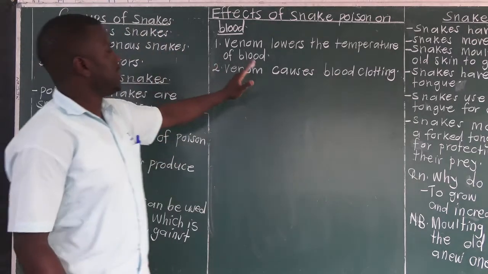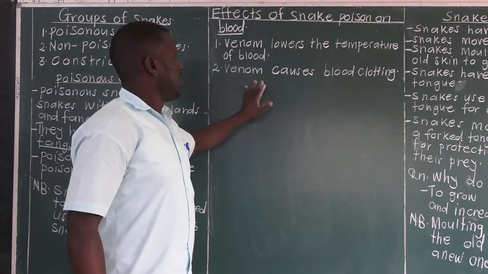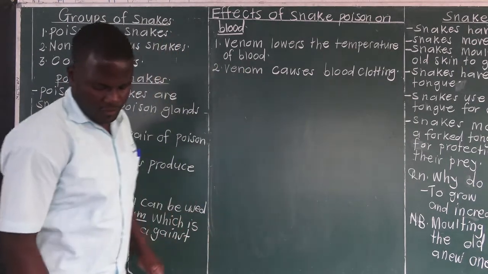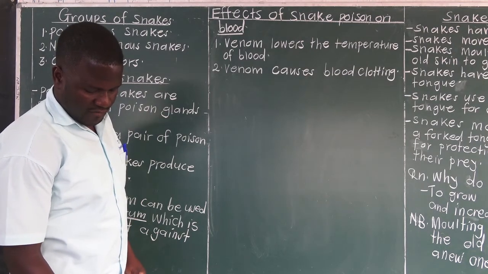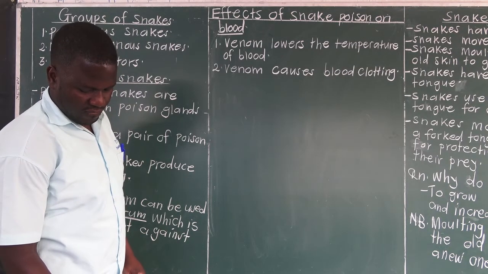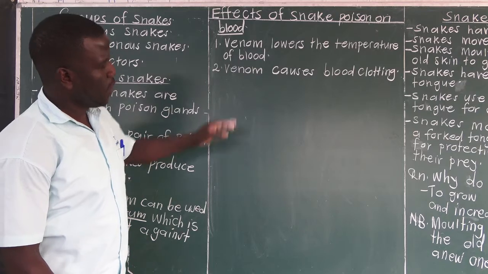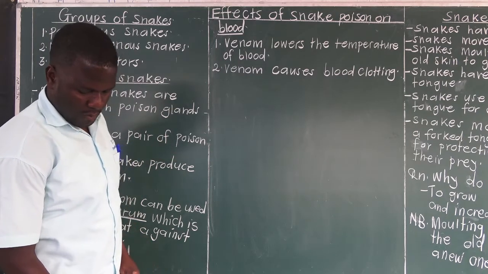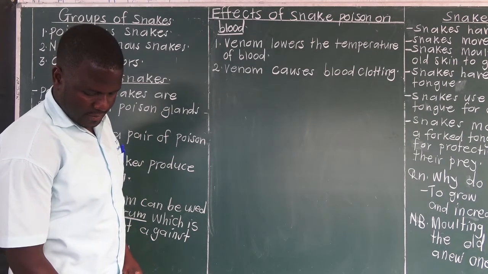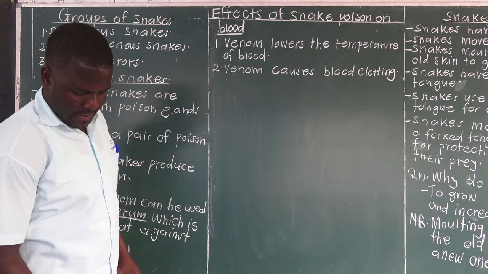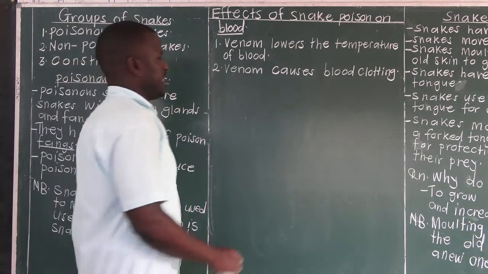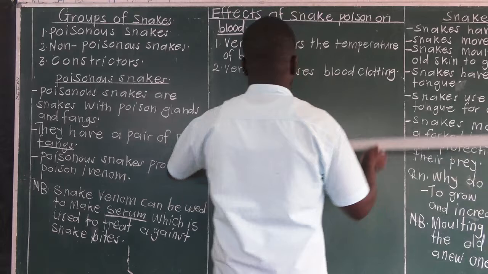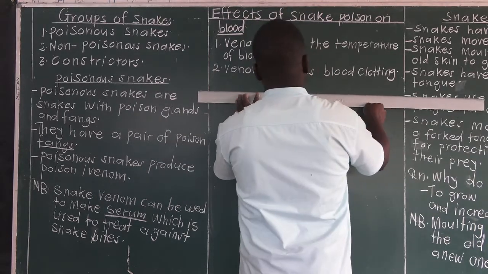It can lower the temperature of blood, then it can also lead to blood clotting. Those are the two effects of venom or snake poison on blood. And next we look at first aid for snake bites.